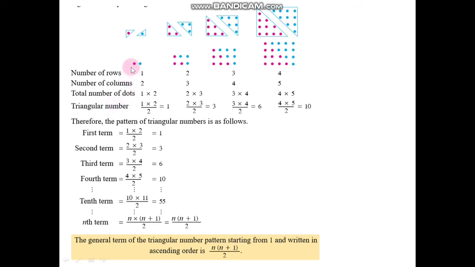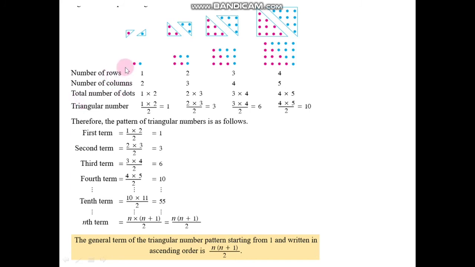Yeah, here we have only one row. Here when we join these two, we get 2 rows. Here there are 3 rows, and here you can see 4 rows. When you see the number of columns, 2 over here, 3 over here, 4 over here, 5 over here. Yeah. Now the total number of dots.